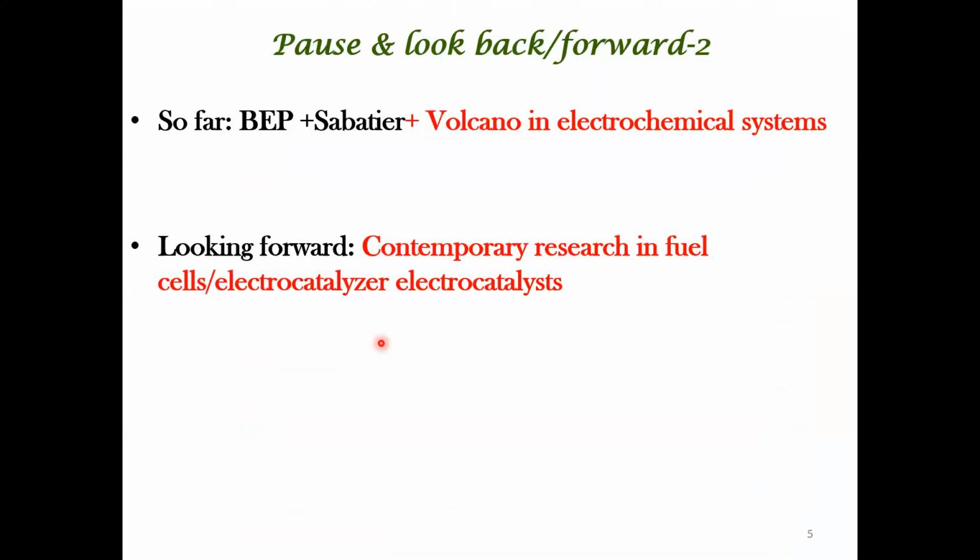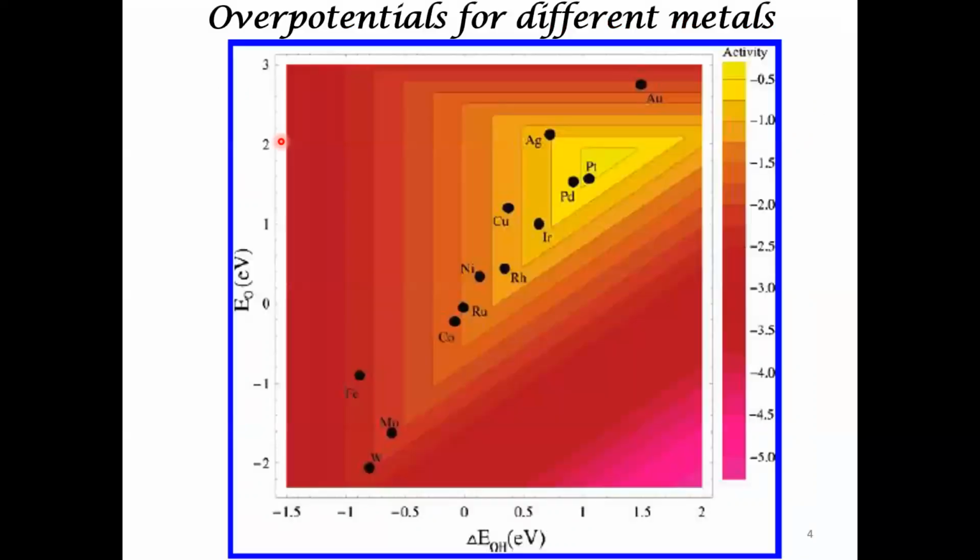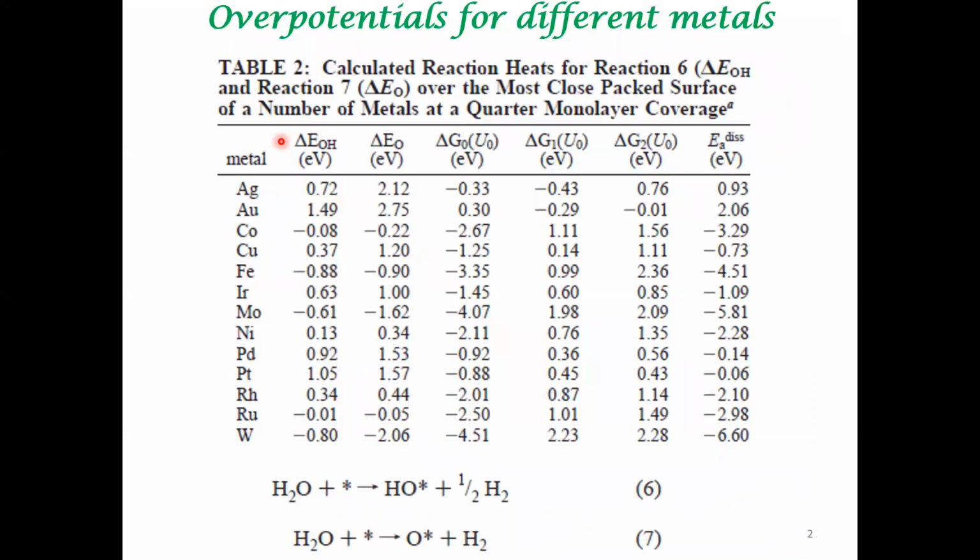So the Sabatier principle is very important, and we have to rationalize the volcano plot. What is the Bronsted-Evans-Polanyi relationship? It tells us how to think about the activation barrier in terms of the energetics of certain steps.